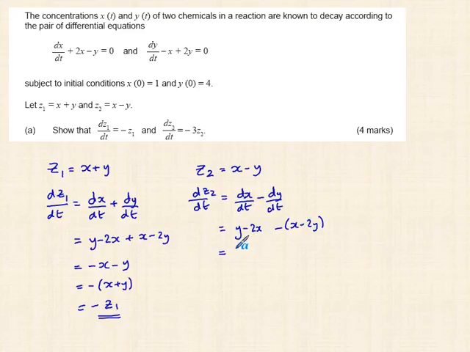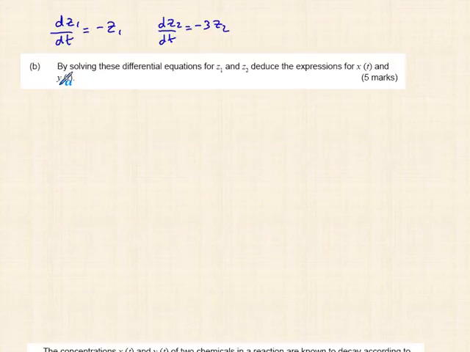So that gives us y minus 2x minus x plus 2y, which is minus 3x plus 3y, which is minus 3 times (x take y), which is minus 3z2.